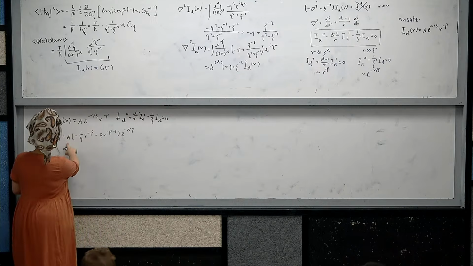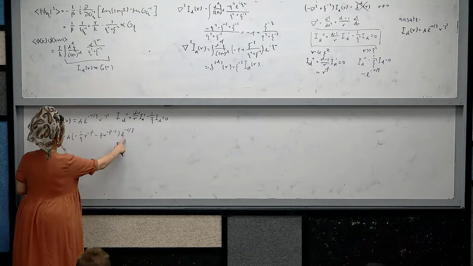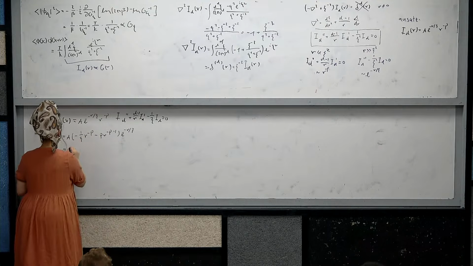So this is A and R to the minus P, and this is just again ID.